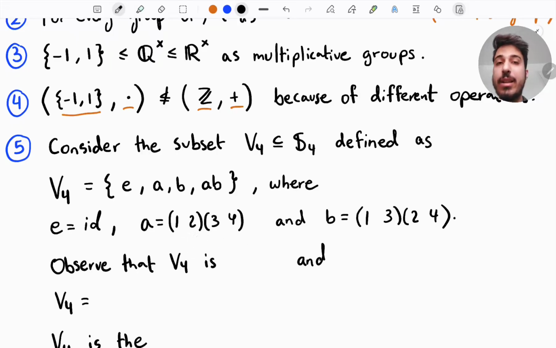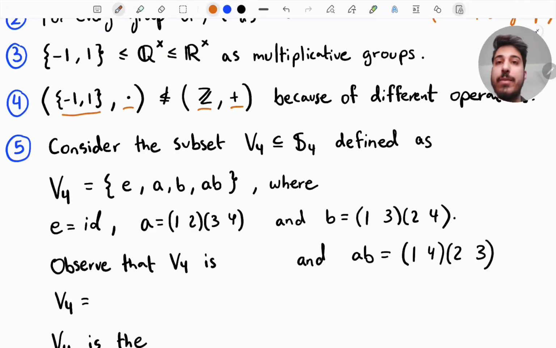So naturally, the last double transposition possible would be A times B. So AB would be equal to (1 4)(2 3). And so we have ourselves a subgroup.